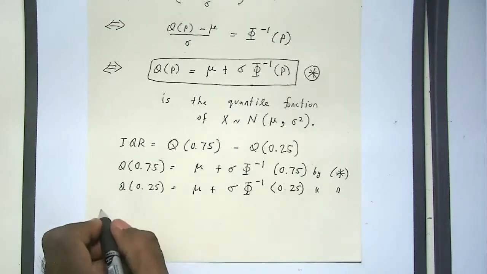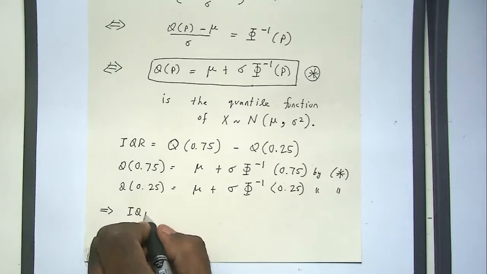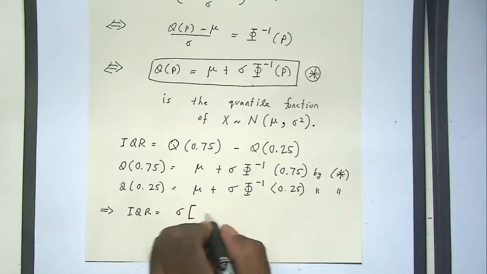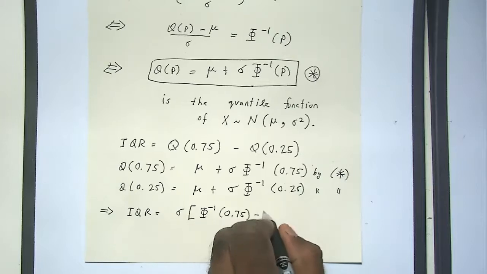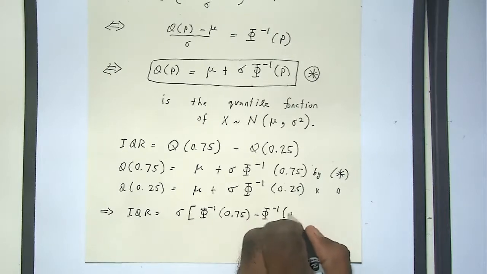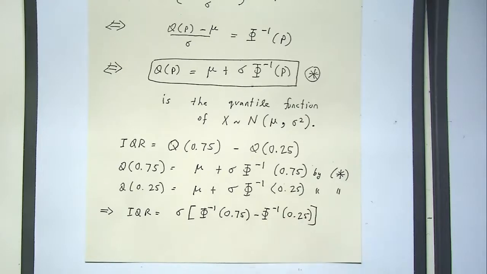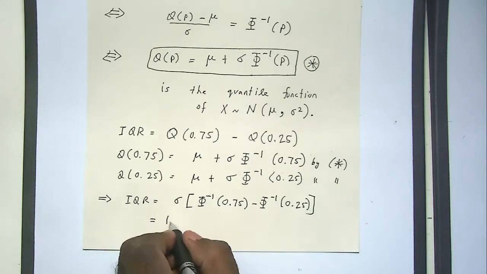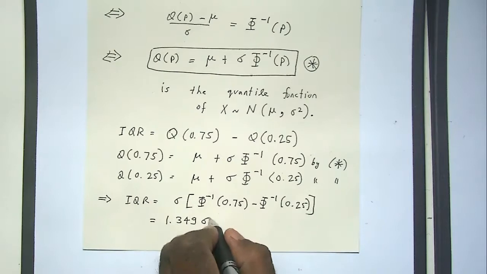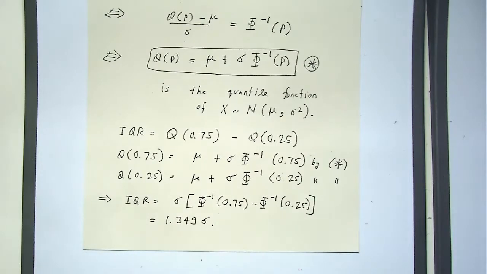So this implies that IQR is sigma times the difference of phi inverse at 0.75 and 0.25, and you can read this gap from the normal tables which I mentioned a week ago or so. If you read this, you will get 1.349 times sigma. Alright, is that clear, guys, or no?